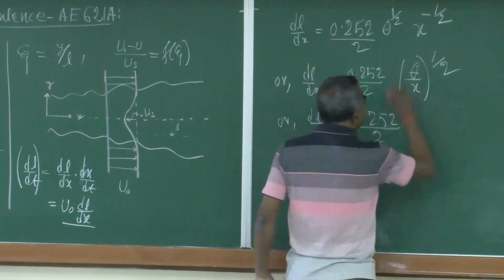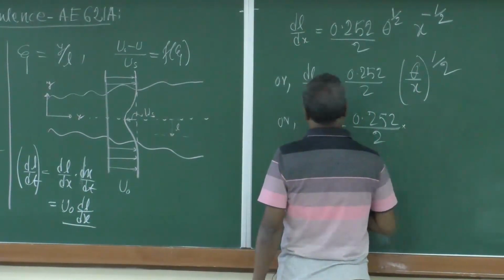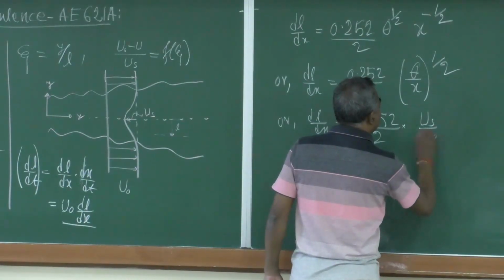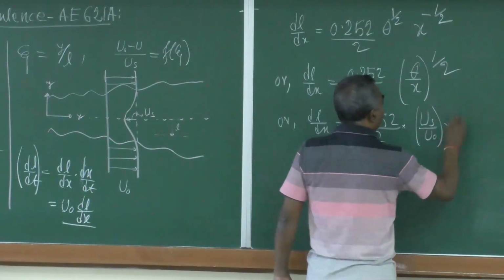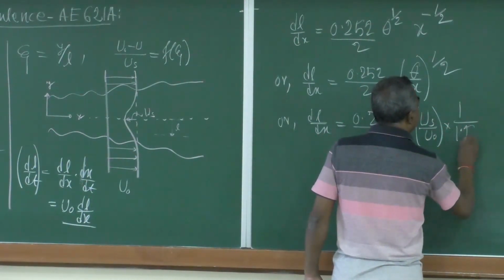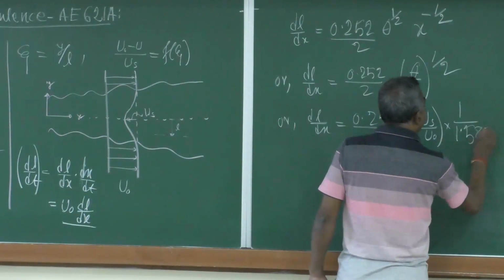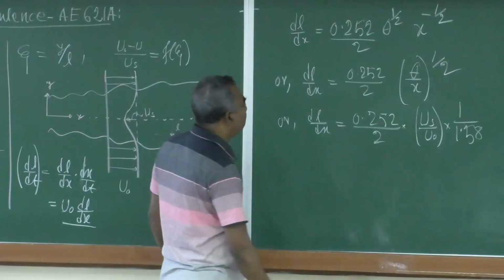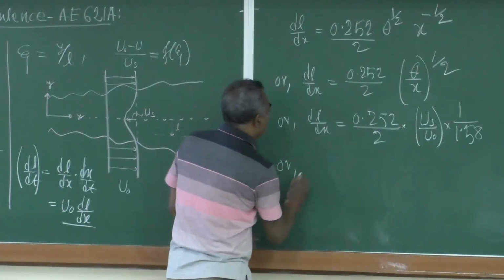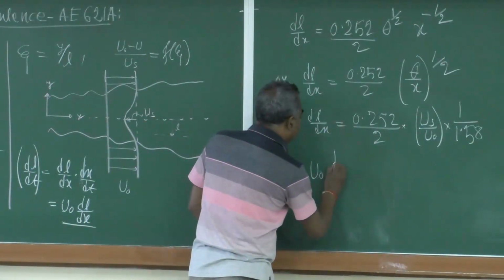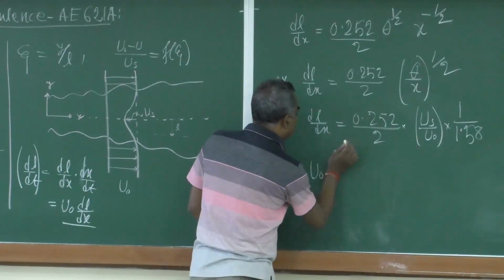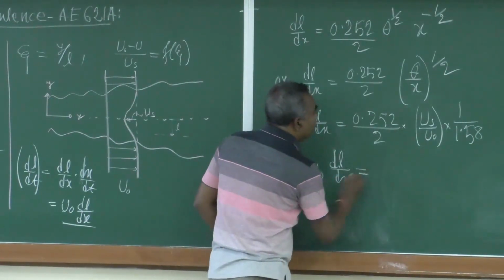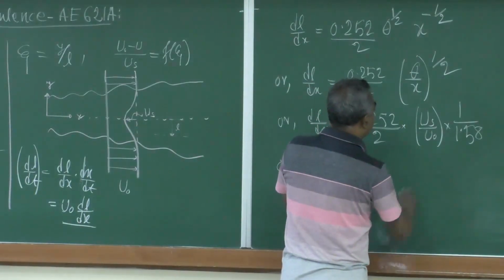So, from this we get dl dx equals 0.252, and this quantity can be replaced with us by u naught into 1 by 1.58. So, we can write u naught dl dx.